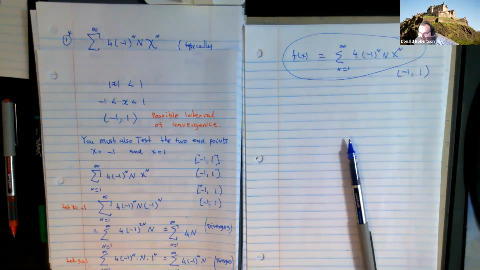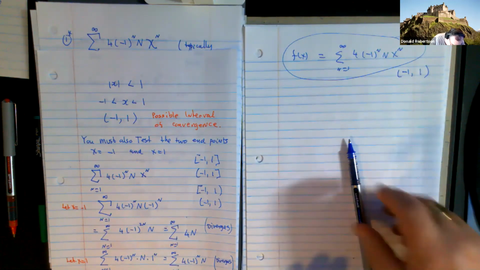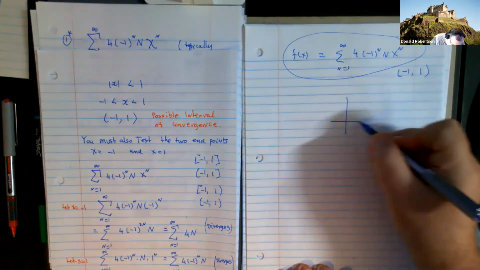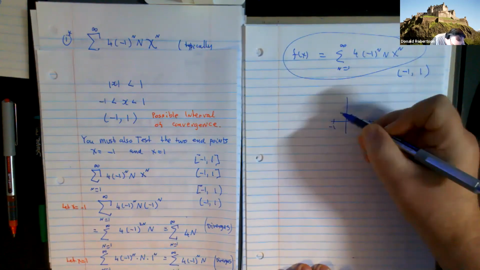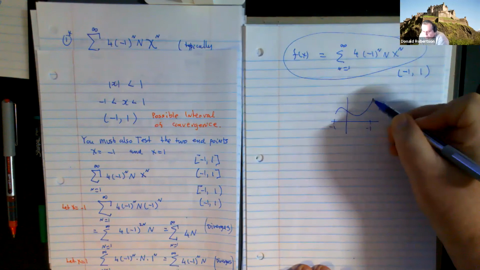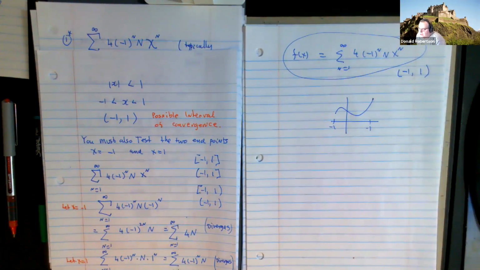Just the same way that sine x and e to the x and log x and x cubed plus 1 exist as functions. This just has the property that it only exists from -1 to 1, right? Whatever it looks like, and I have no idea what it looks like, in that range of values.